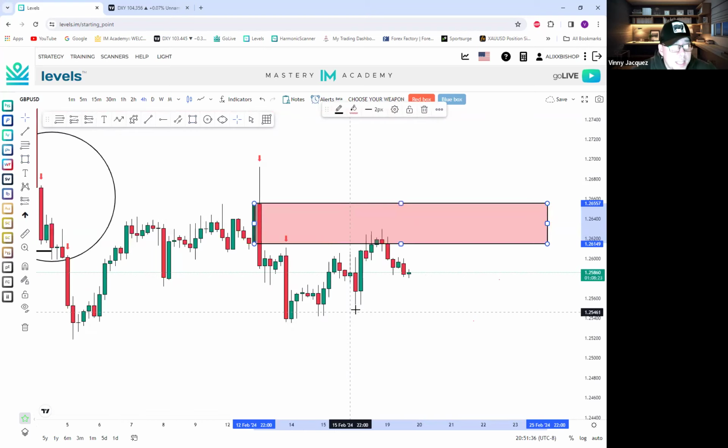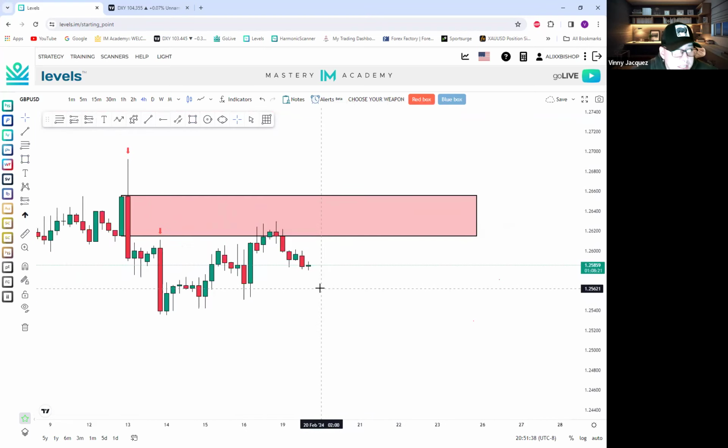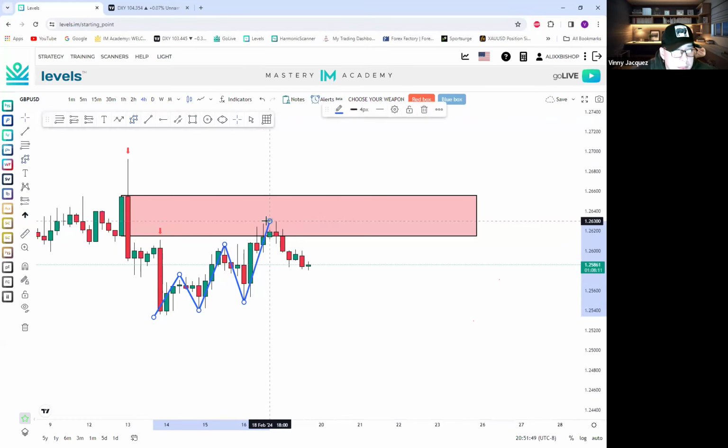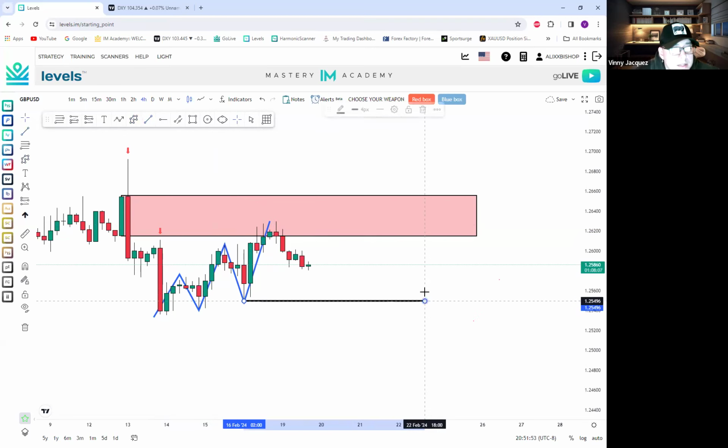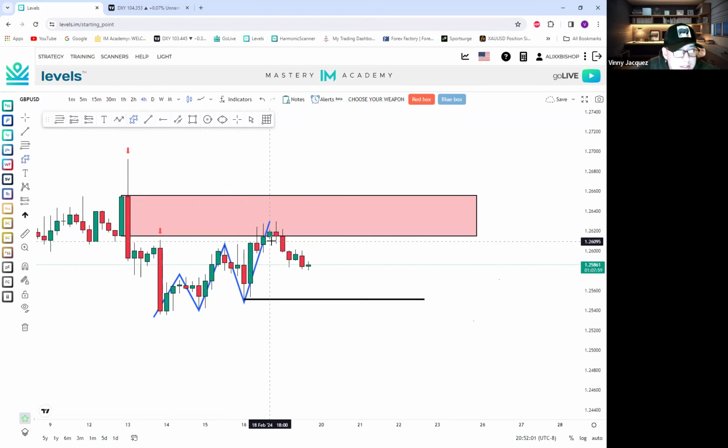So if we're going to continue sales, guys, let's focus on the structure. Higher high, higher low, higher high, higher low, higher high. Now, this one is my closest pullback to my entry. This red box is my entry, guys. So this low is my closest low, which means if market wants to continue to sell, it's going to have to break and close below.